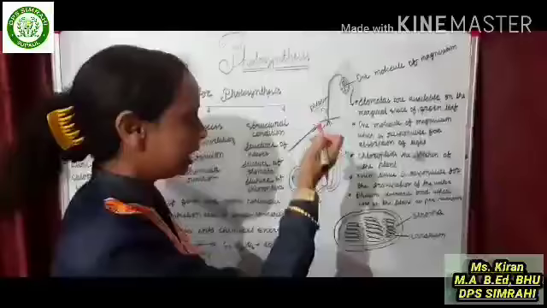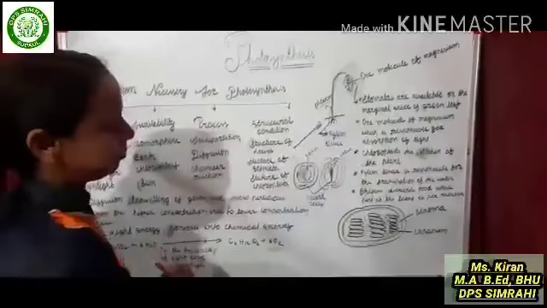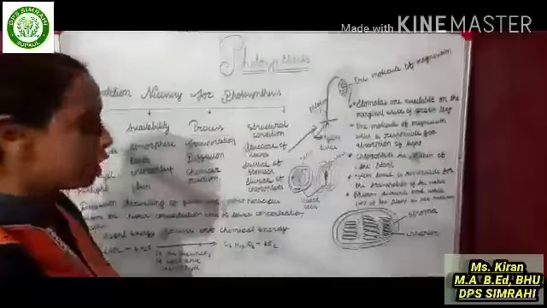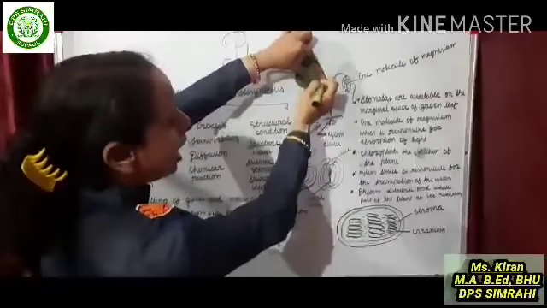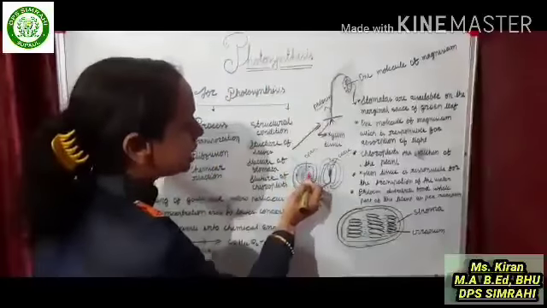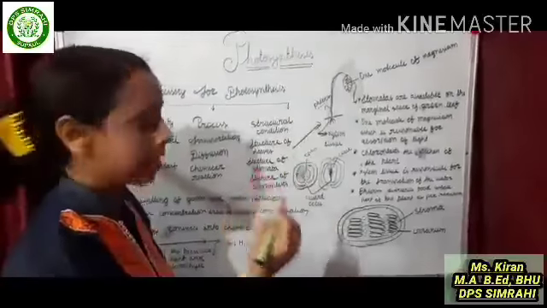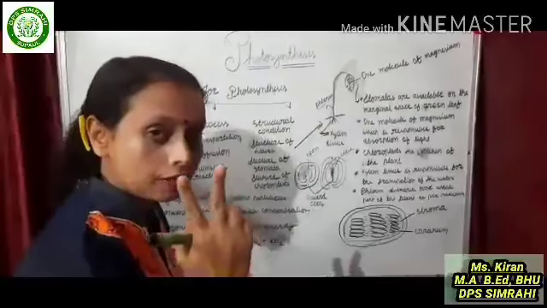You got it? Next is the structure of stomata. Stomata is here, as you have seen, and there is a guard cell in the stomata. There are two conditions of the guard cell.